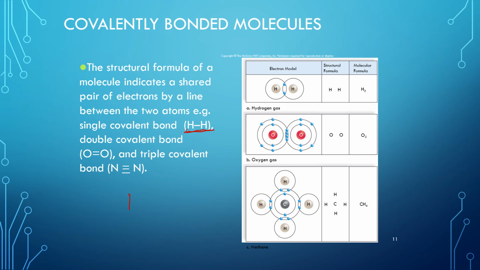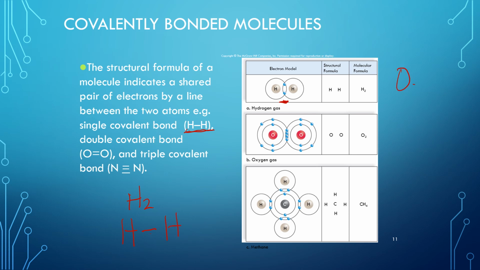So hydrogen gas is H2. It's 2 atoms of hydrogen. And remember, hydrogen just has 1 electron. First energy level needs 2 to be full. So when they share their 1 electrons, they each have 2. And you would indicate that with a dash, and that means 1 covalent bond.